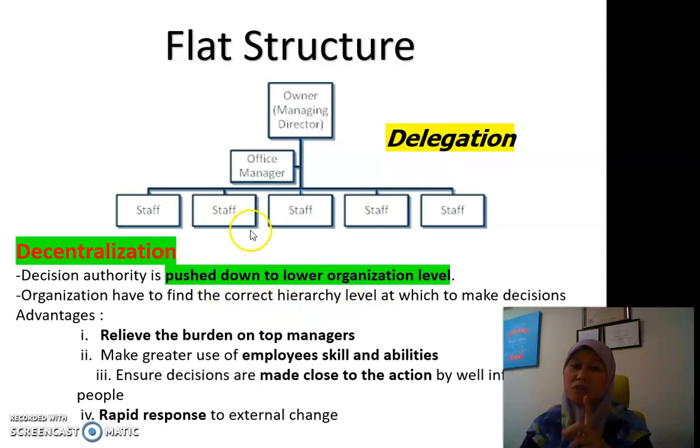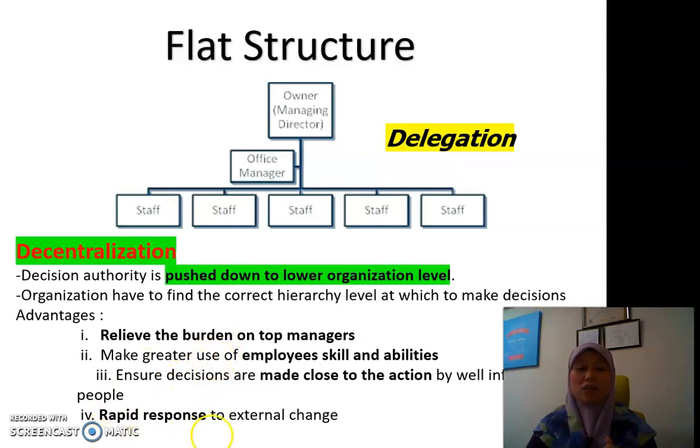And what are the benefits of having a flat structure? The important thing is that it relieves the burden of the top manager, so the manager doesn't have to make all the decisions. Maybe some simple and lower-risk decisions can be made by the supervisors under him.